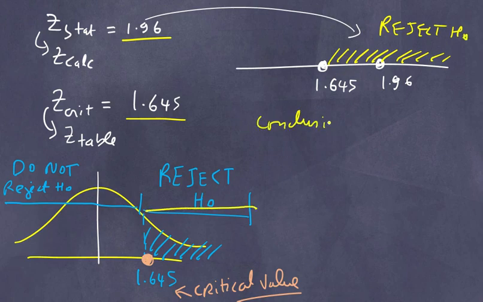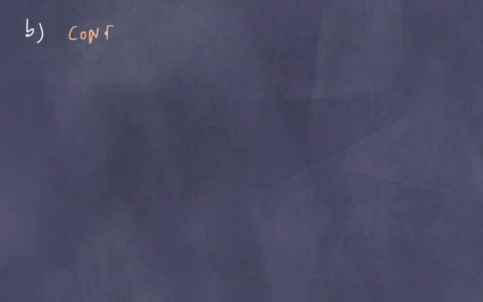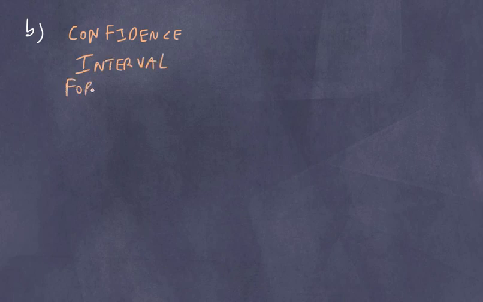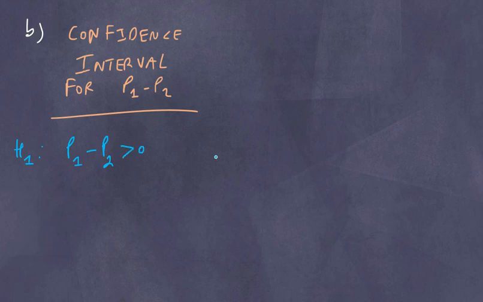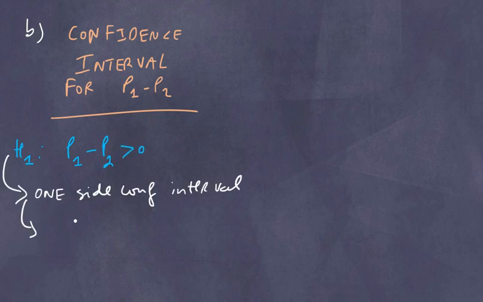Conclusion, so we reject H0. Now the confidence interval for the difference of the two proportions. If you look at H1, it's P1 minus P2 greater than 0, and that one-sided confidence interval is going to be a lower bound to infinity, right?